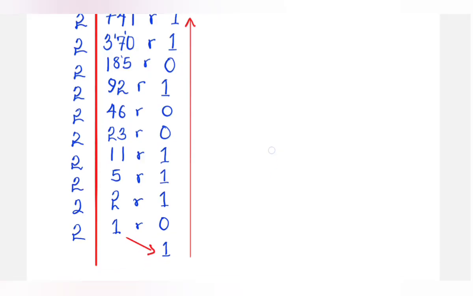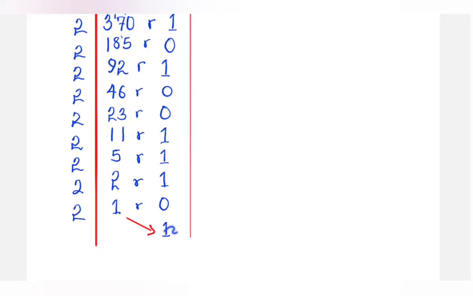So we pick these values right from the last one to the first one. Let's pick them one after the other. So let's start from the bottom here. We have 1, 0, 1, 1, 1, 1, 0, 1, 1, 1.